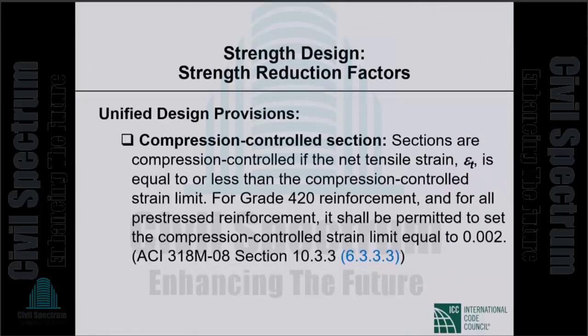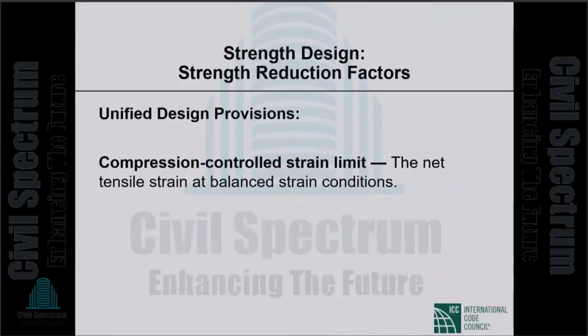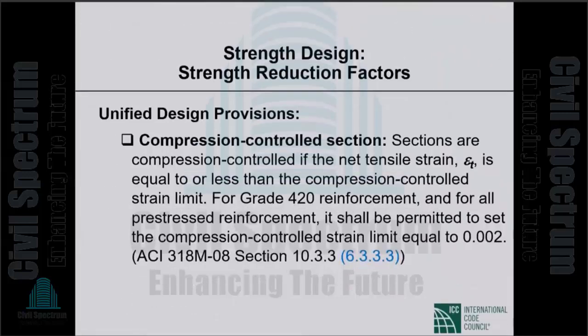Then we talk about compression control and tension control sections. Okay, so we have talked about net tensile strain. We have talked about compression controlled strain limit. Now we are talking about compression control sections, and next you will see tension control sections.